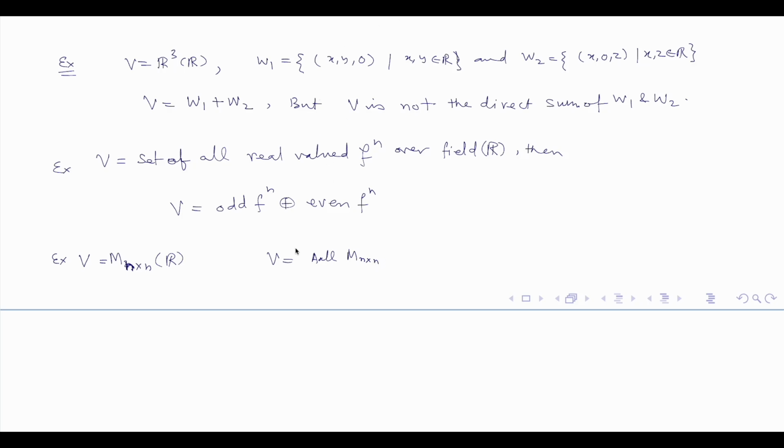You got it? So if V is all matrices, then V can be decomposed into the direct sum of symmetric and skew symmetric matrices, right?